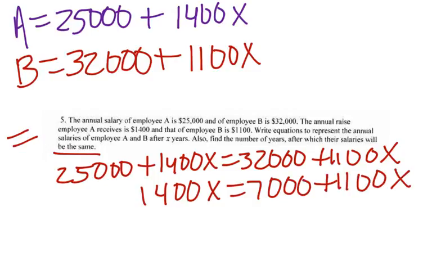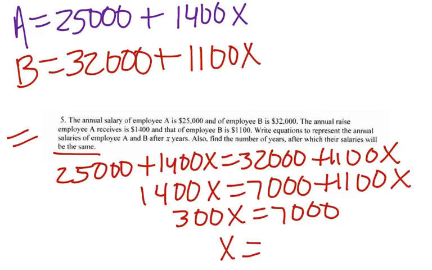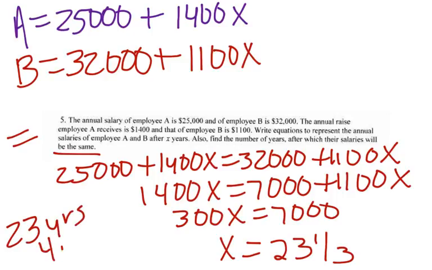Move your 1,100x, and so you would get 300x is equal to 7,000. Divide by 300, and you would get 23 1/3. So it would be 23 years and 4 months.